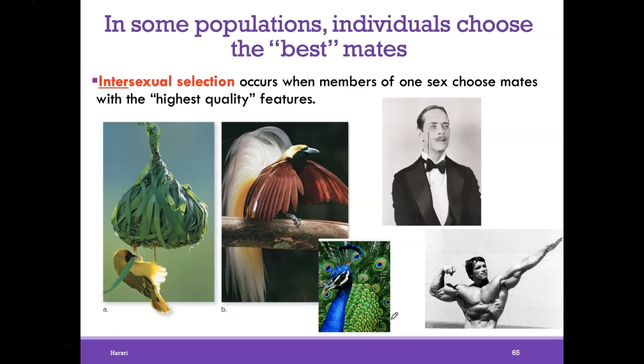So we can't ask the peacocks and the peahens themselves why they look the way they do, but we could imagine that since colorful feathers take so much time and energy to maintain, only the peacocks that were very healthy and had a really good immune system and had everything else going for them were able to have all the energy put into their colorful decorations. If there were a peacock that were sickly and did not have a good immune system, it would not be able to put in all the energy to maintain its colors.